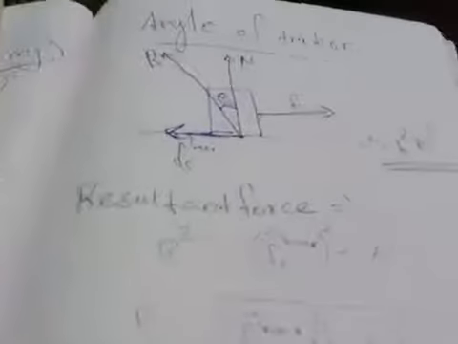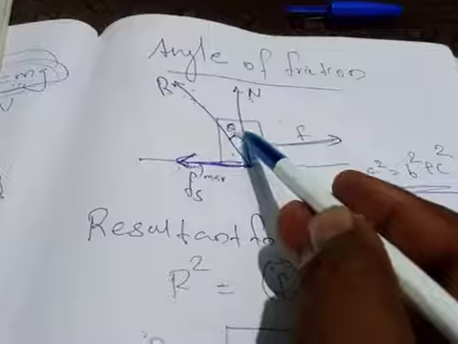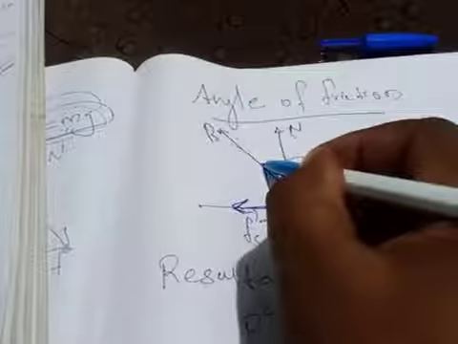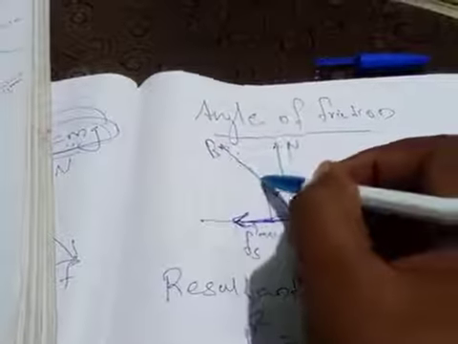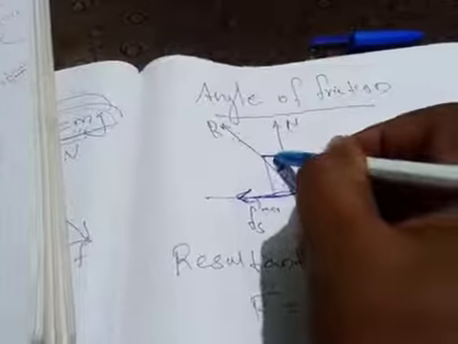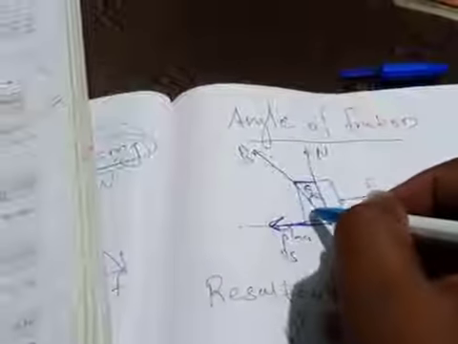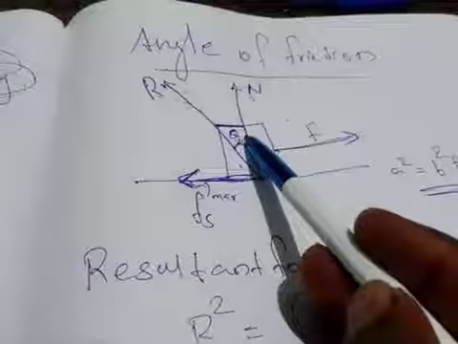So while finding the magnitude, we know that we will take this angle. So here this is a theta, and you can take tan theta. When you are taking tan theta, this you can consider as opposite side, and this you can consider as adjacent side.